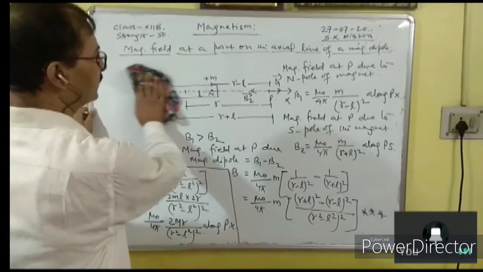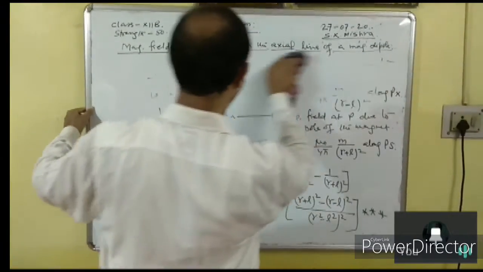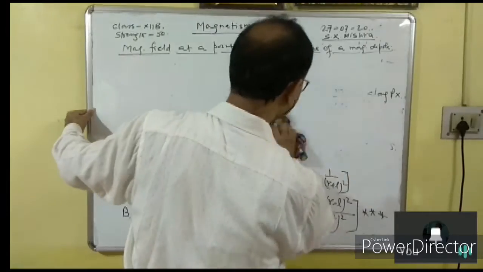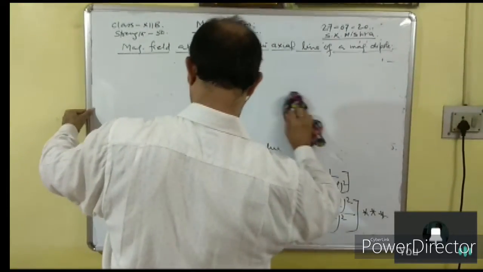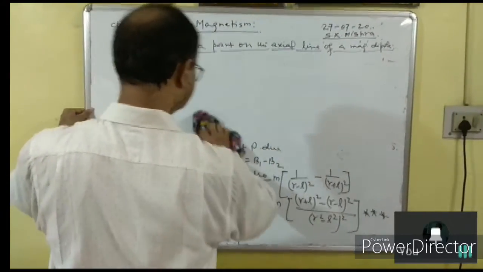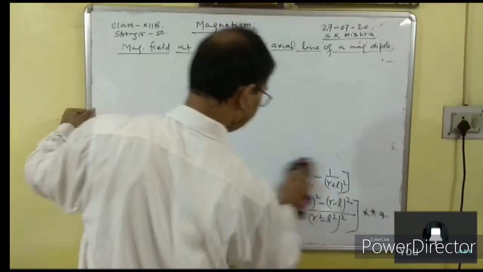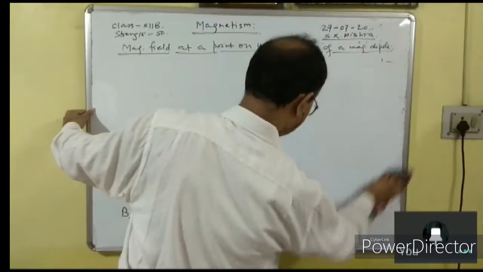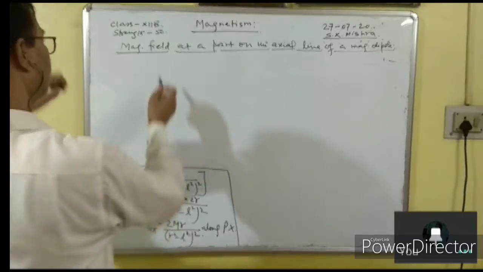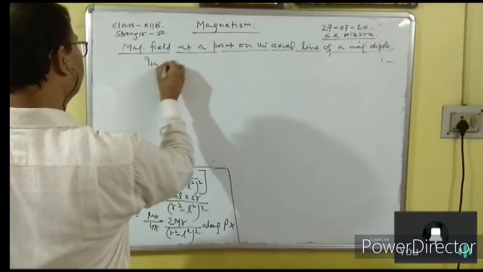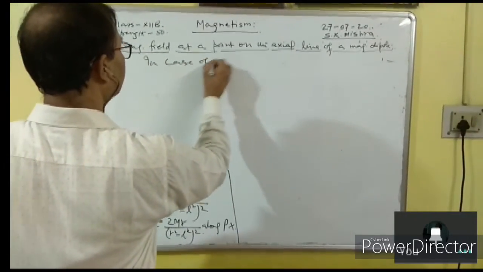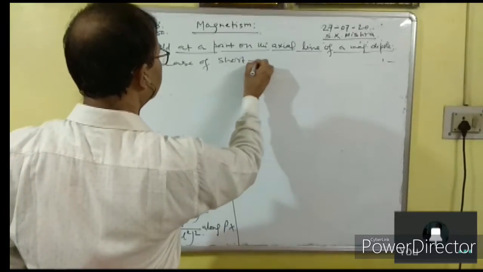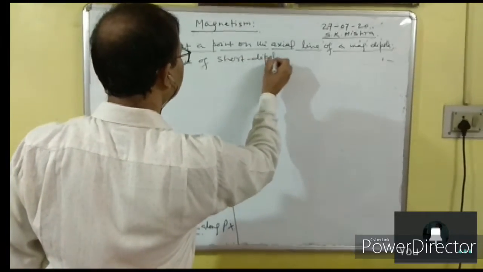Remember, magnetic dipole moment is small m into 2L, magnetic length. Now you are writing mu naught by 4 pi, then capital M, 2R divided by (R square minus L square) whole square.